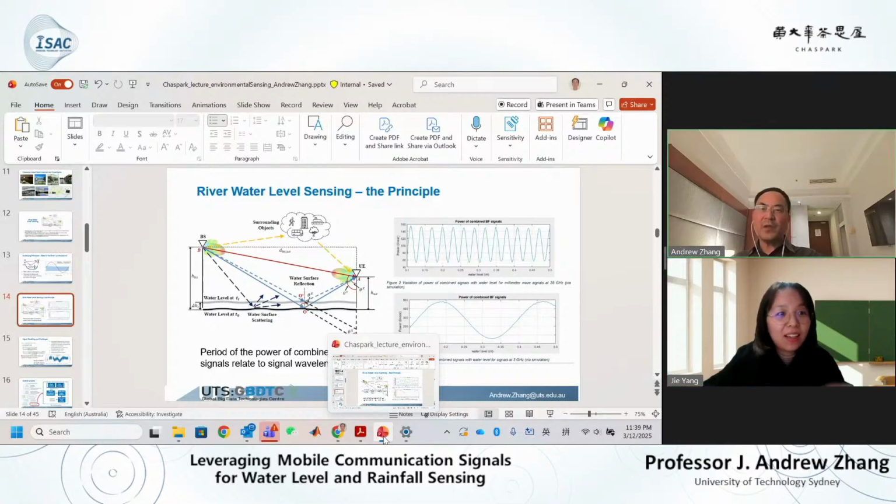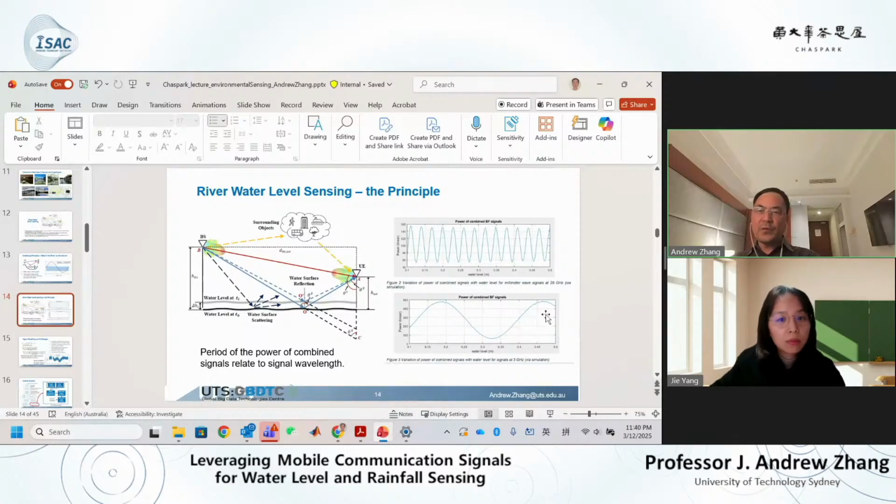Definitely. That's a very good thinking. Actually, it works effectively if you have a multiple-band receiver, right? So you can definitely combine the outputs from multiple receivers.